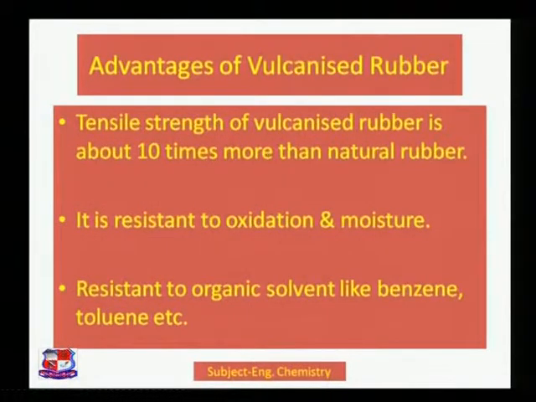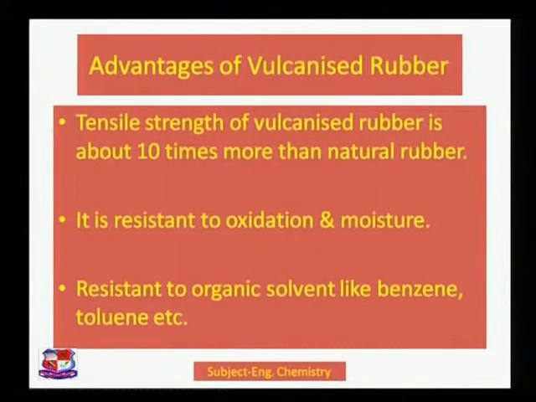You can see here the positives of vulcanized rubber. We have already seen that natural rubber was very weak and cannot be used directly. That's why we have processed it with sulfur, heated it, and finally got vulcanized rubber.